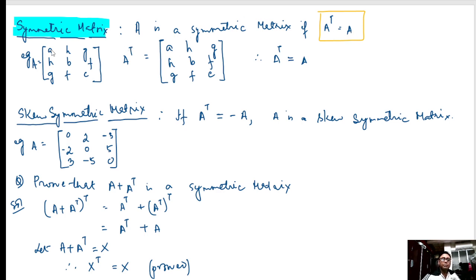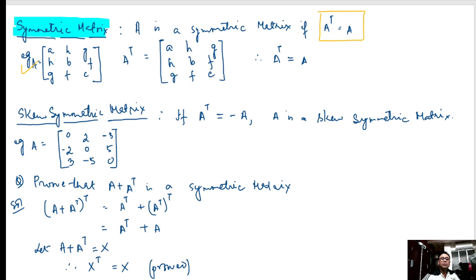Suppose A is this matrix. Now transpose means I will change the first row into the first column, second row into the second column, third row into the third column. And when we do this, please note, it is actually the original matrix we have already got.